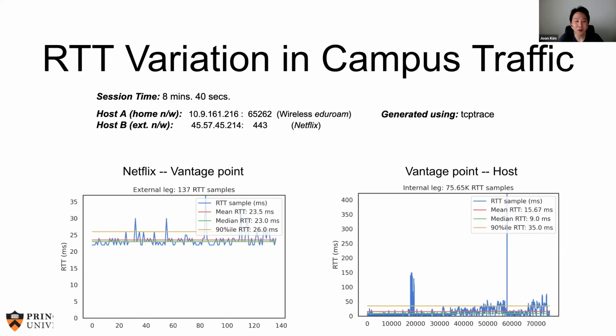So the left one measures the internet leg, while the right one measures basically our wireless infrastructure latency, right? We did some analysis here, and you do see some variations. Not huge on the Netflix side actually, but we do see some spikes happening on our internal network.